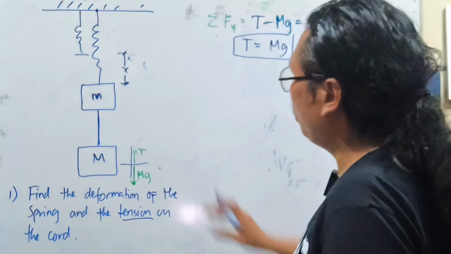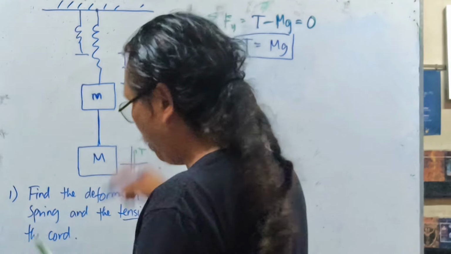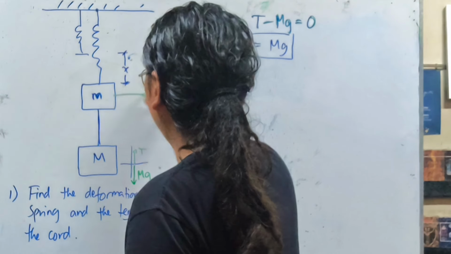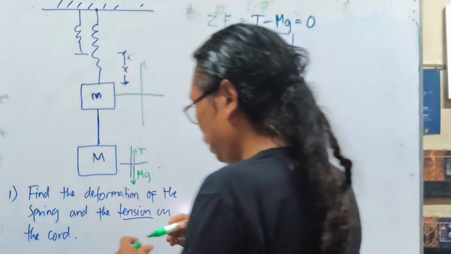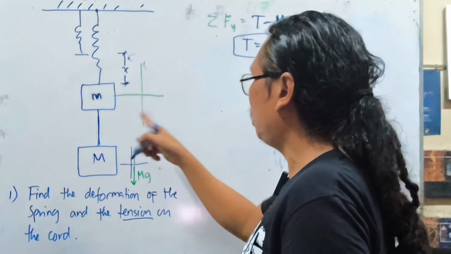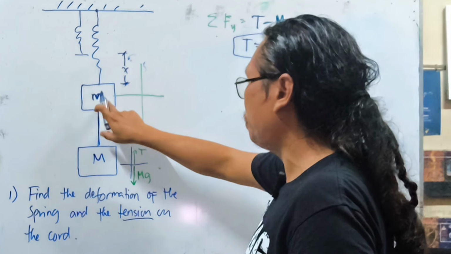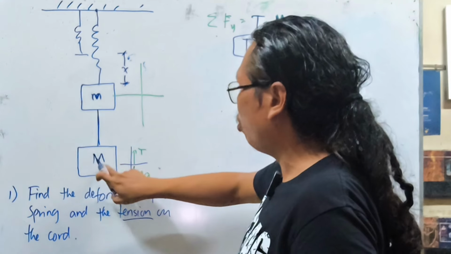In solving for this one, we put the free body diagram here. The axis is in green. The downward force is the weight not just of capital M, but also of small m.